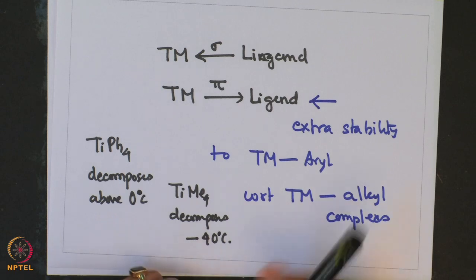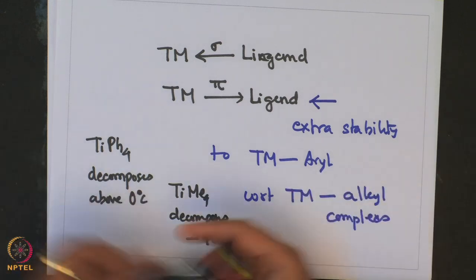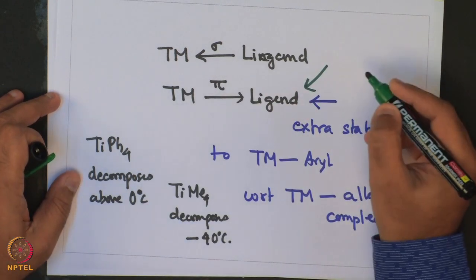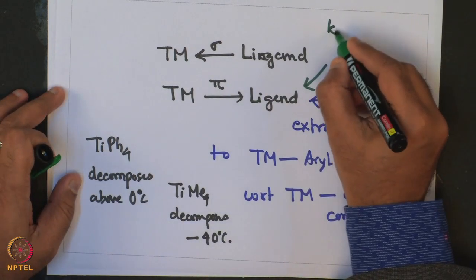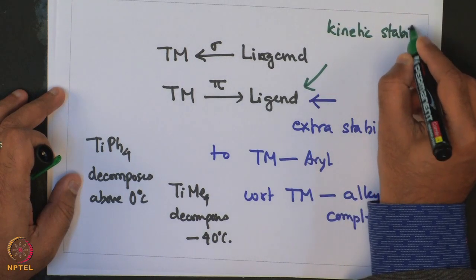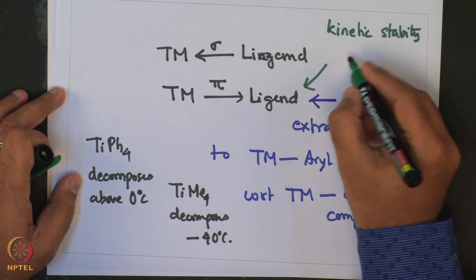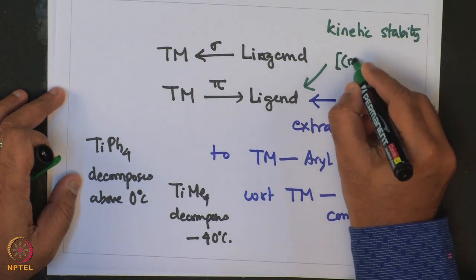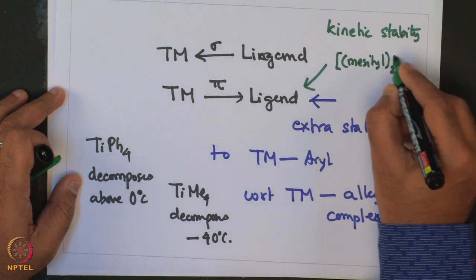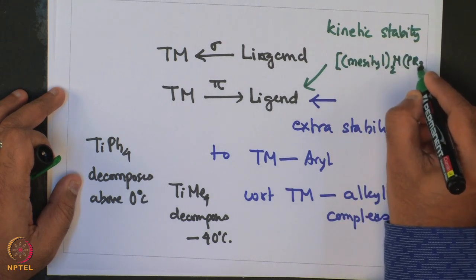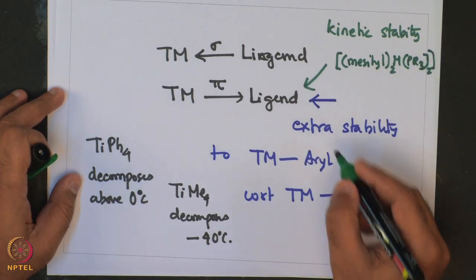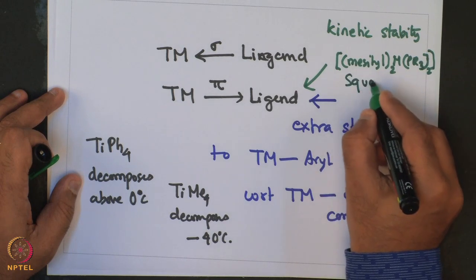In our discussion, we had also seen how this transition metal to ligand pi interaction brings kinetic stability to bis-mesityl metal PR3 whole 2 type square planar complexes.